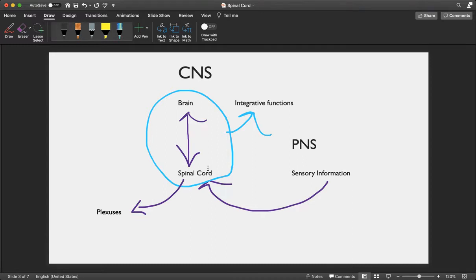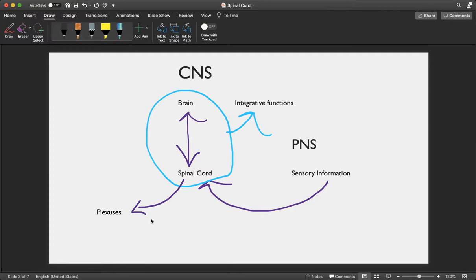When you're dealing with reflexes, the spinal cord is able to process that and react without having to send the signal up to the brain. Other than that, though, it goes to the brain. And then when it's time to act on it, it comes back down to the spinal cord and goes to the correct plexus where we can then act on it properly.